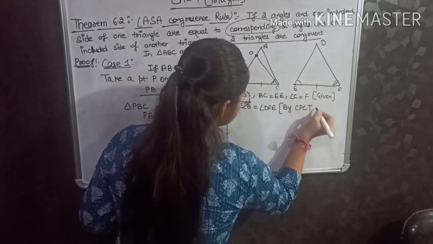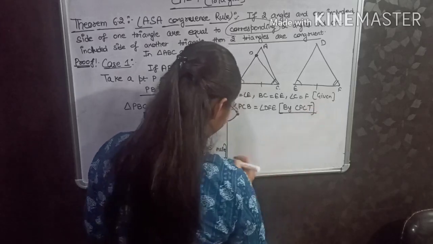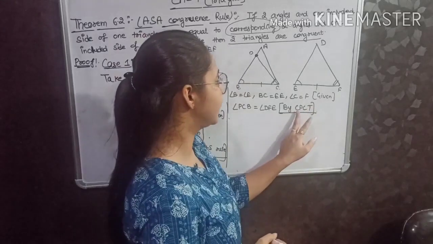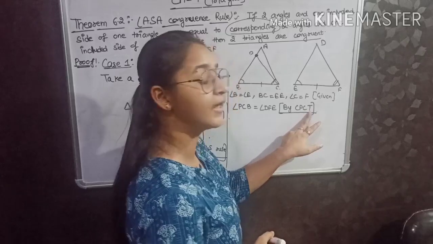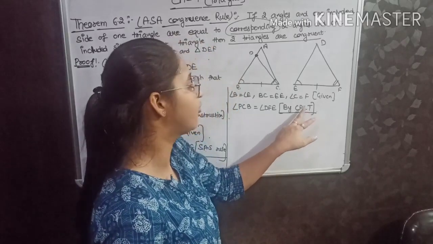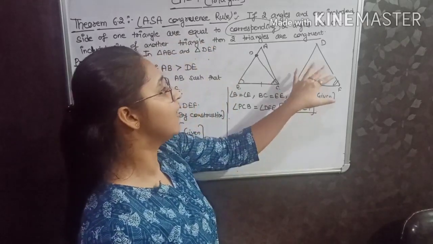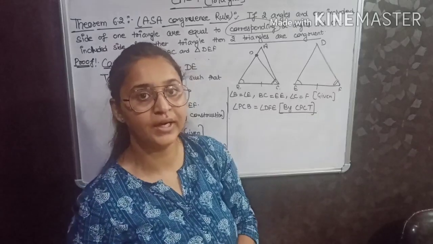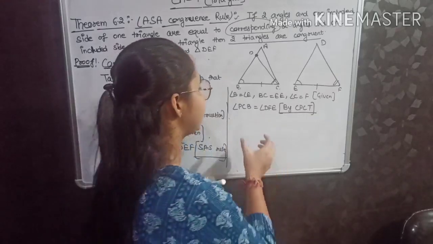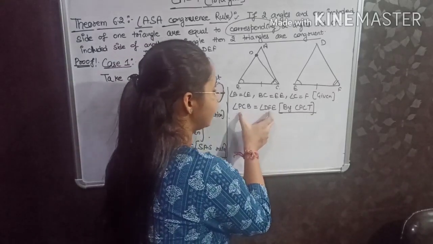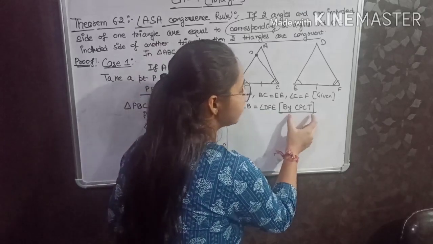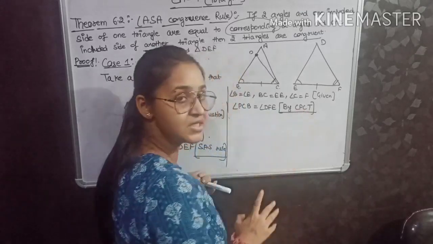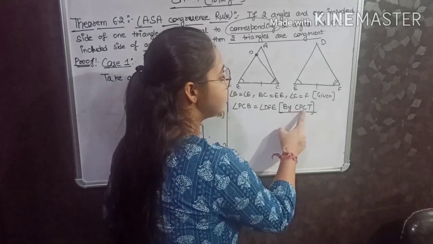CPCT is the short form that corresponding parts of congruent triangles are equal. Whenever you have proved that two triangles are congruent and you prove that any angle or any side is equal, then the reason will always be CPCT. You will always write CPCT.